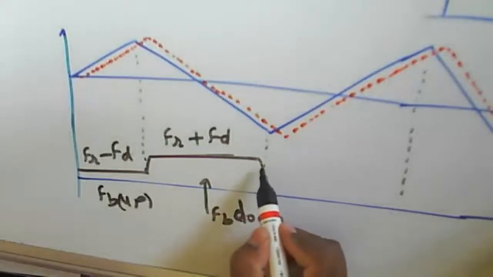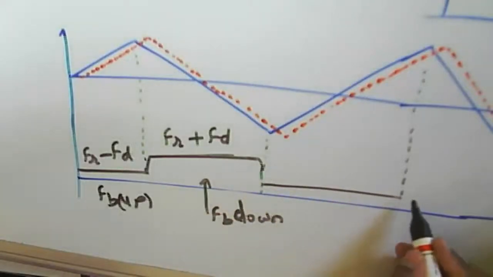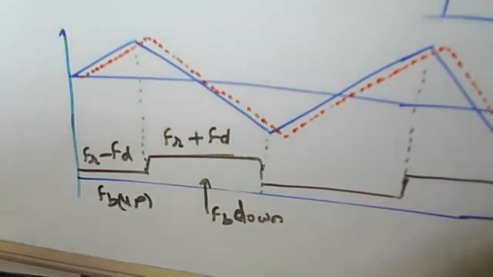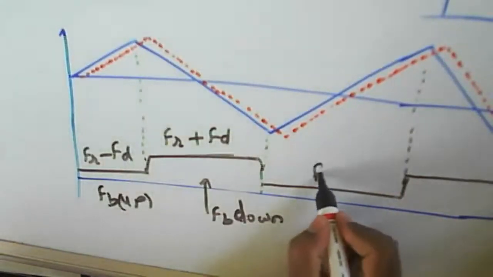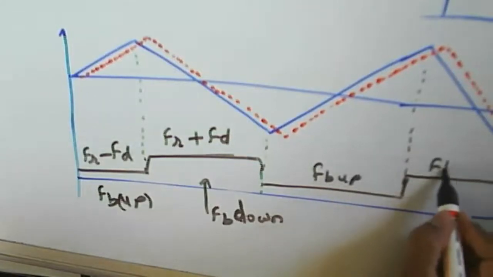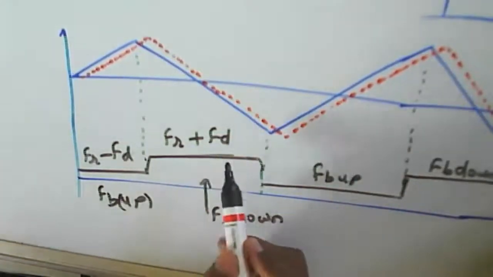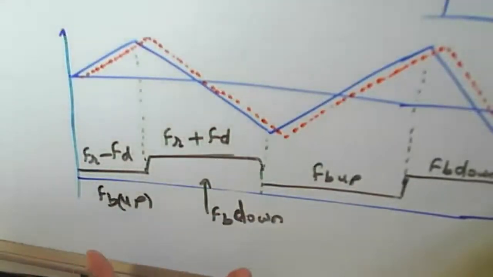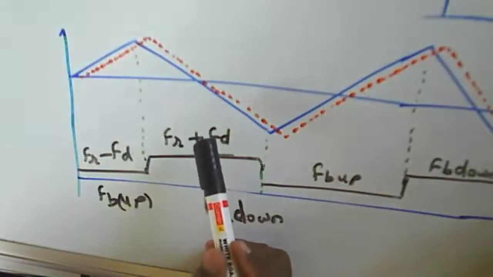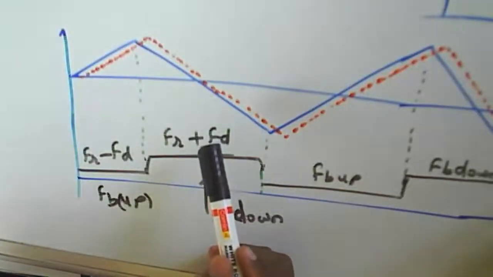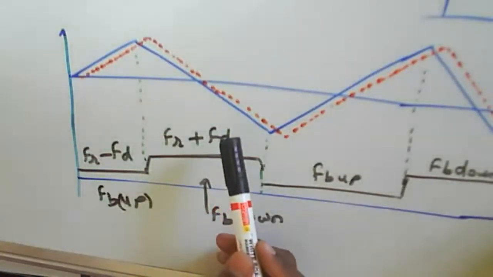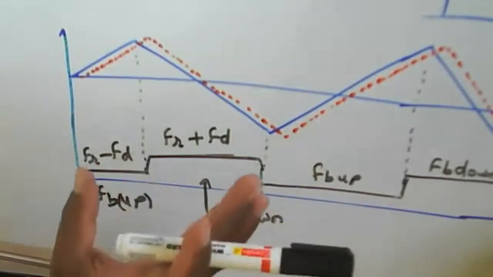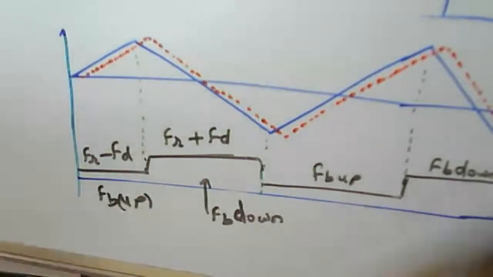Likewise, Fb up, Fb down, so Fr plus Fd or Fr minus Fd. And that will define the difference in the range, and we can calculate that for a given target: we can find out the range, or we can find out the velocity of the object.